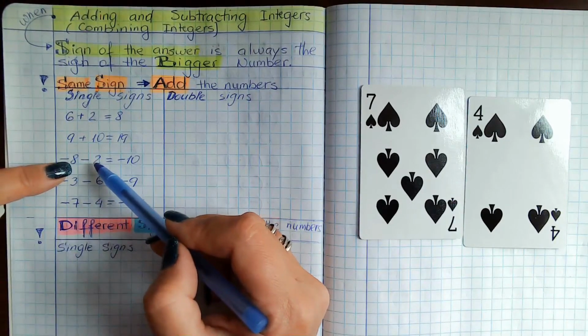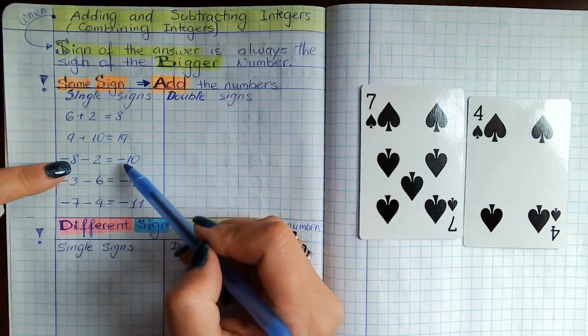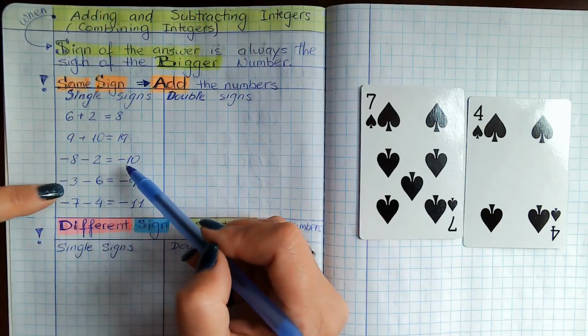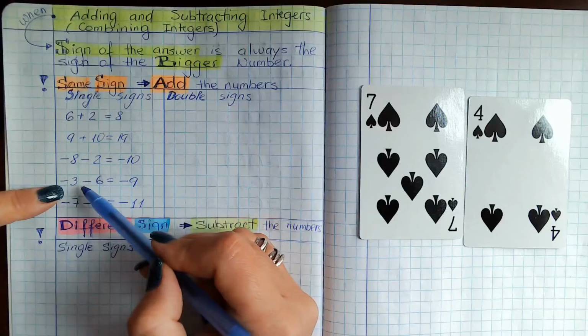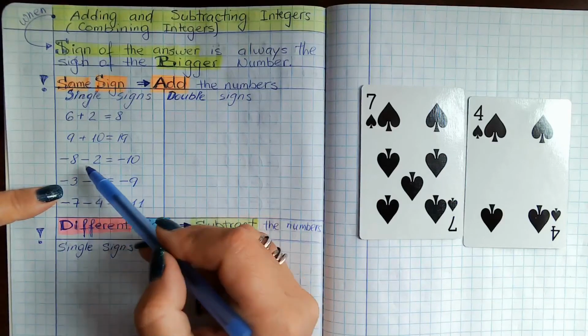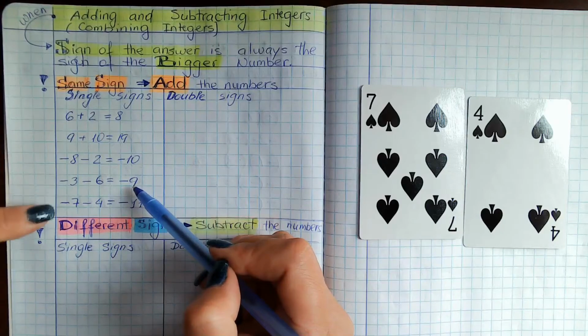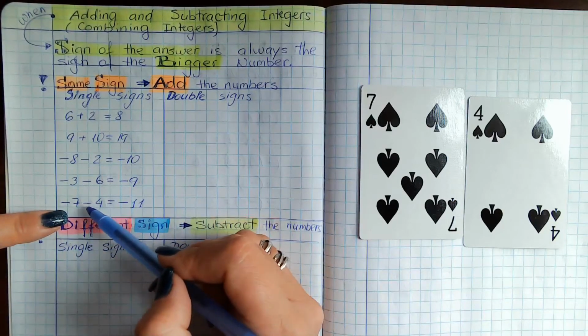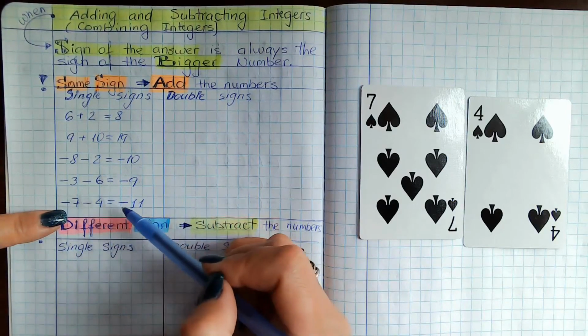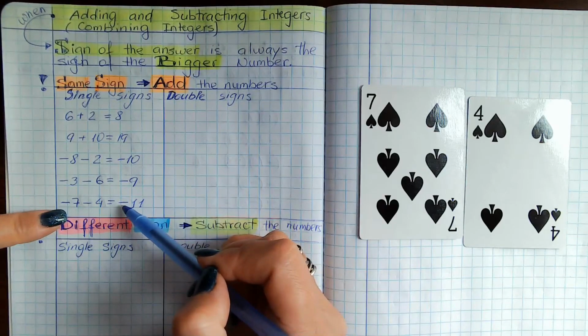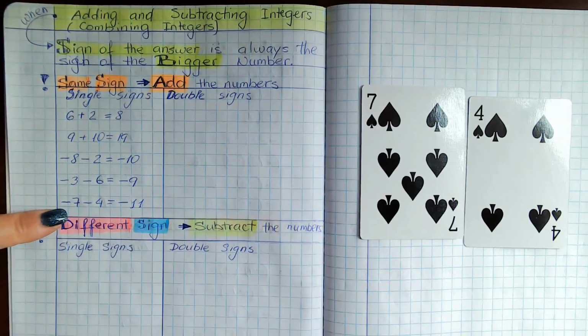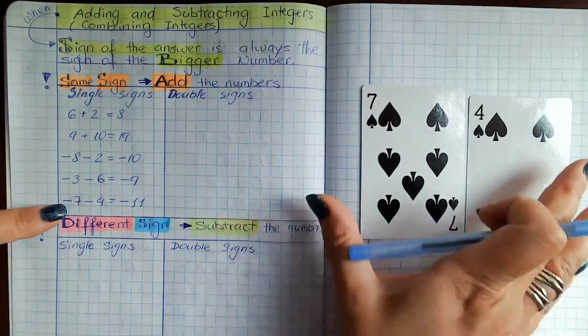Same sign, add. 10 with a negative sign. Same sign, add the numbers, keep the sign. 3 is negative, 6 is negative. Add the numbers. 9, 3 plus 6. 7 is negative, 4 is negative. Add the numbers. 11, and they're negative. Same sign, add the numbers, keep the sign.